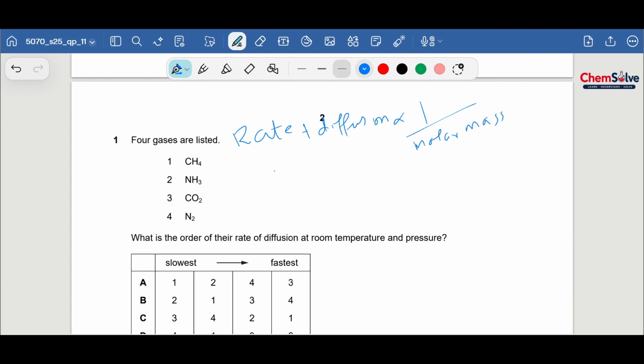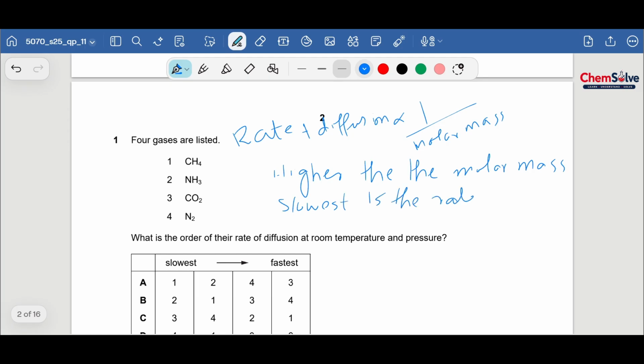It means the higher the molar mass, the slower the rate of diffusion, and vice versa.